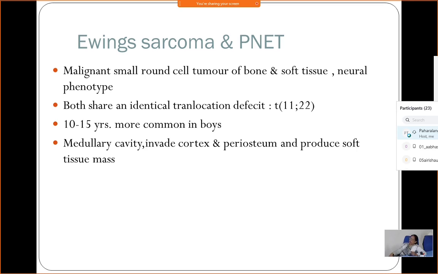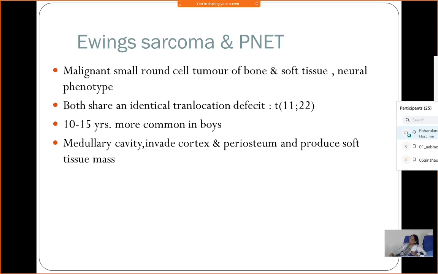You can get a medulloblastoma, which is a small round cell tumor from the central nervous system. So these are the tumors which are small round cell tumors. Like you have retinoblastoma, which happens from the retina, due to loss of the RB gene, which we taught you in the neoplasia chapter.